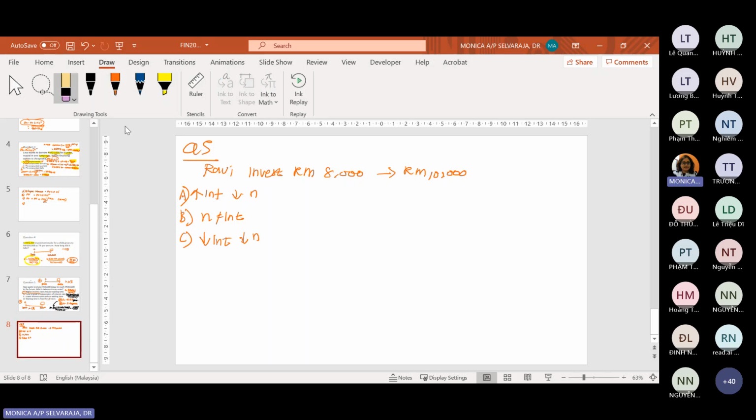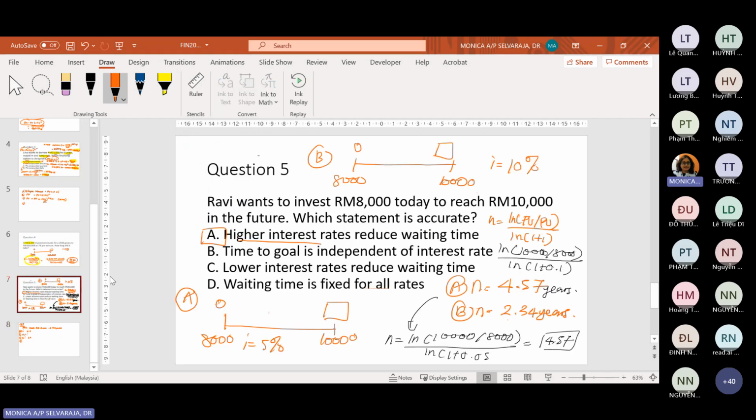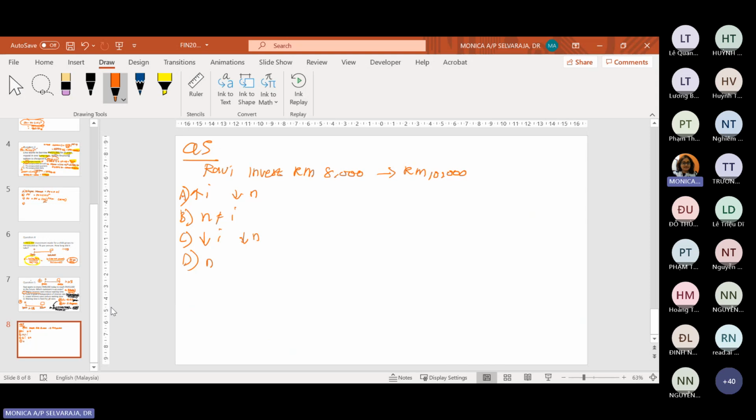Okay, let's put interest rate as I, so it's easy for us to follow. And then D, what they're saying is waiting time is fixed for all I's. So the answer that I said is A. The correct answer is A.